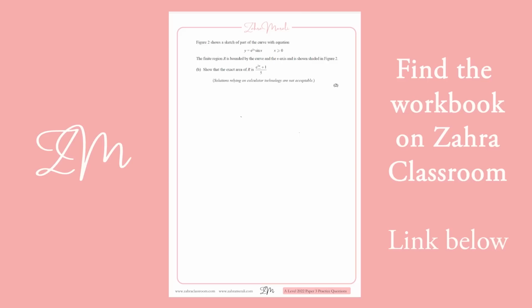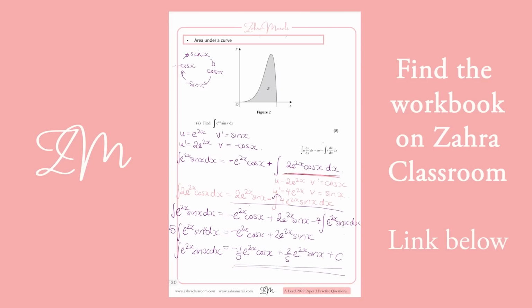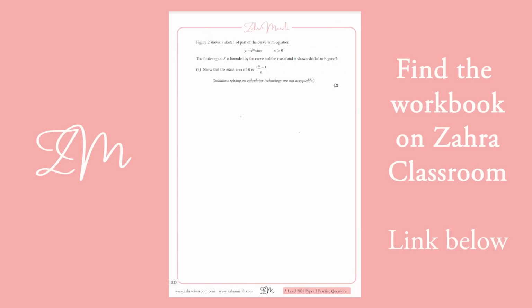Now we've got to find the region bounded by the curve and the x-axis. We can see we're looking for when y equals 0 to find our limits. So e to the 2x sine x equals 0 will mean e to the 2x is 0, which is not valid. You can never have a negative index. Or sine x equals 0.